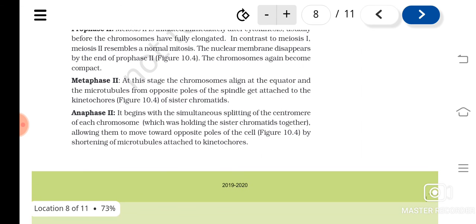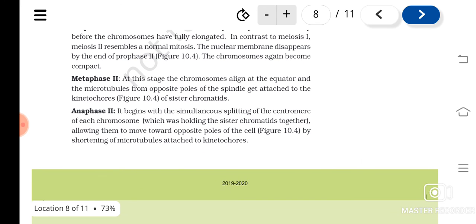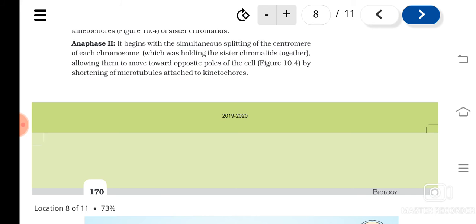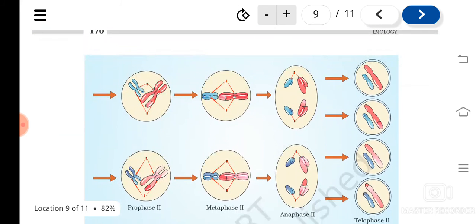And then in the beginning of anaphase 2, you can see the chromosomes get split through the centromere. Understood? Then they start moving to the opposite sides. In anaphase 2, by the shortening of the microtubules, they move to the poles.